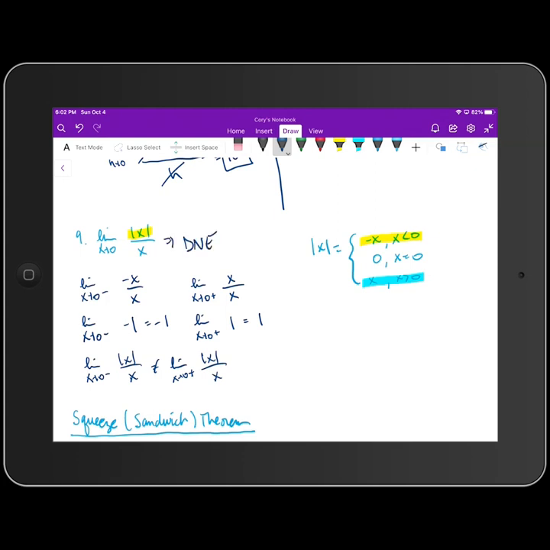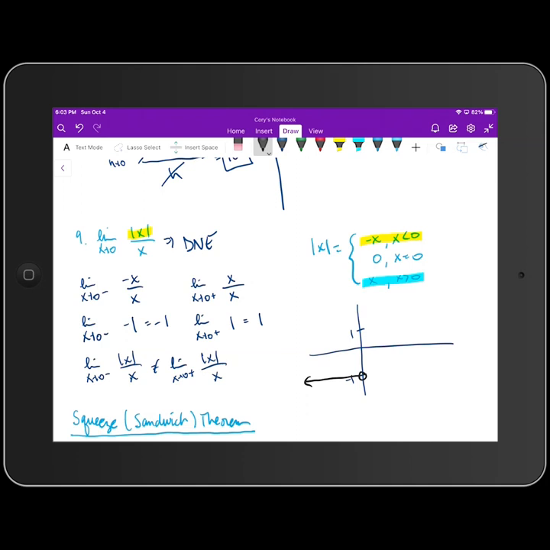If you were to look at this function graphically, so the absolute value of x divided by x, graphically that function would look like this. So to the left of the y-axis, you would have a hole at the point 0, 1. And then it's going to be the horizontal segment, y is equal to negative 1 extending to the left.